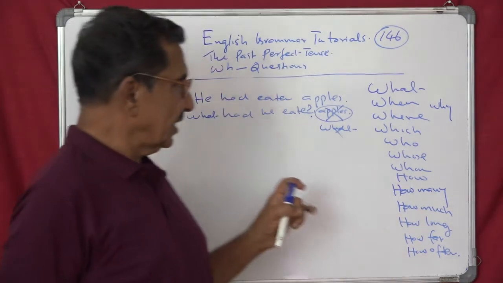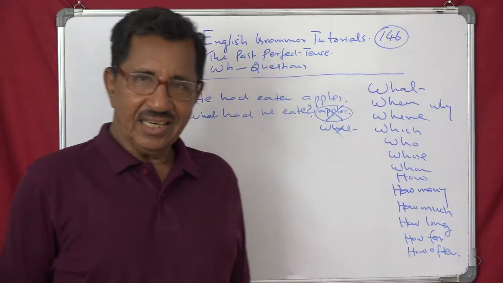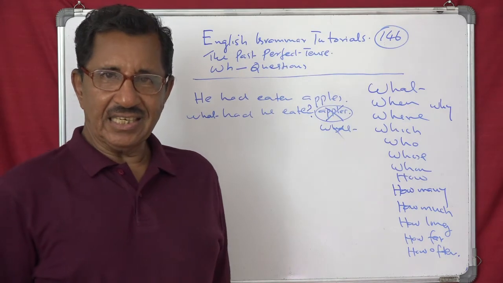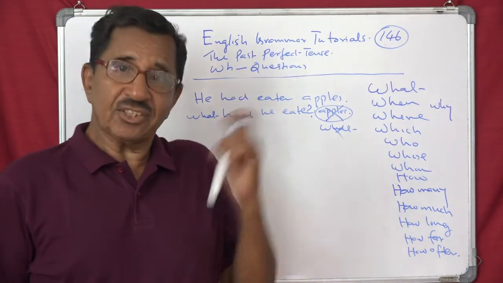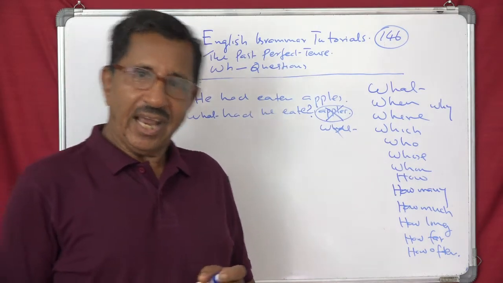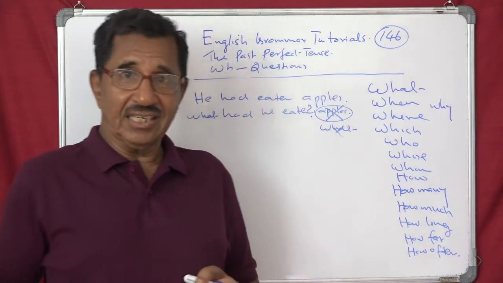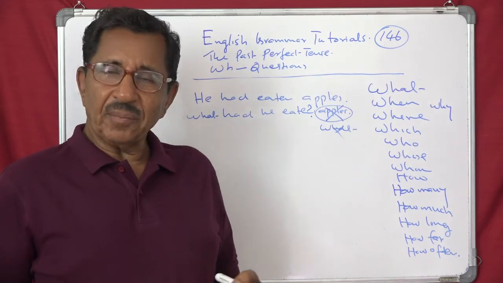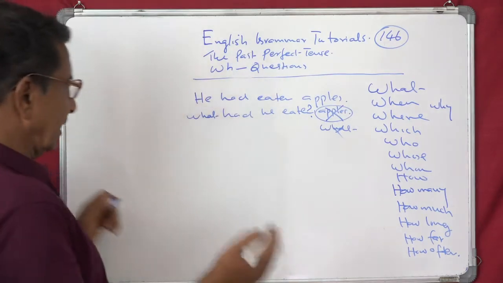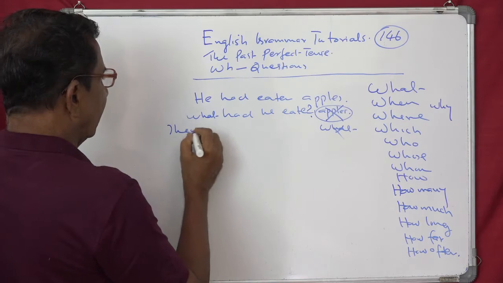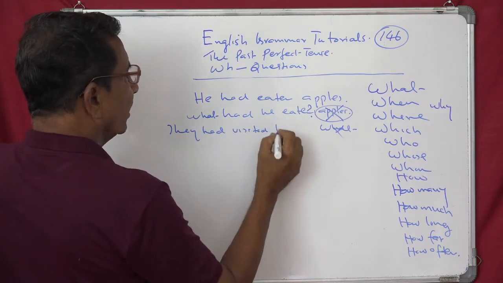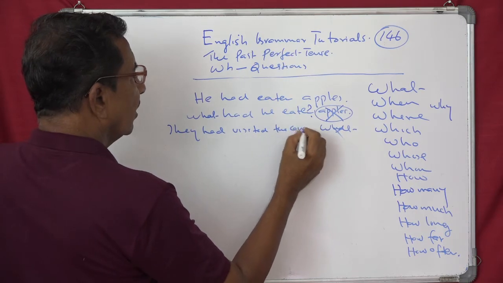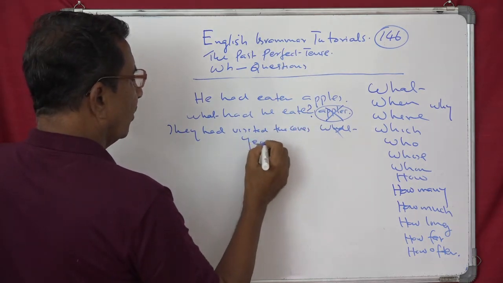Suppose you get a sentence: they had visited the caves years ago. The appropriate question word is, I will write it here, they had visited the caves years ago.